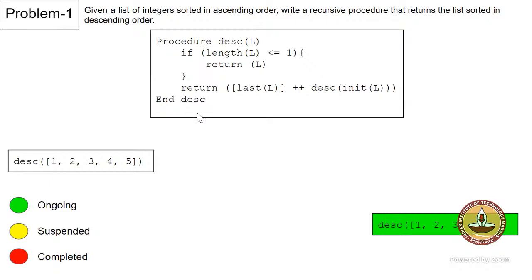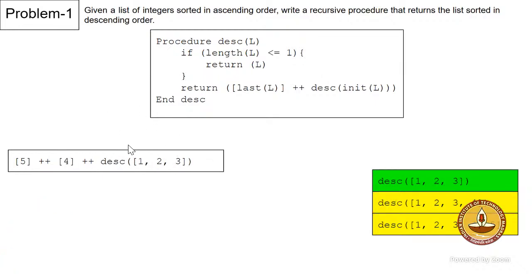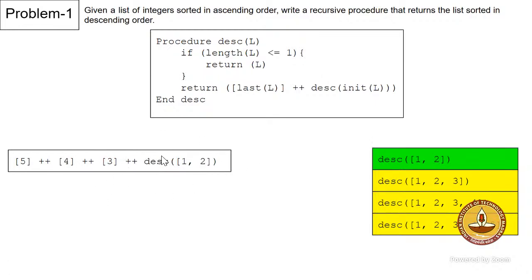Let me tell you how the procedure executes. First we call descending on the list 1, 2, 3, 4, 5. In the first iteration, it will be 5 ++ descending of 1, 2, 3, 4, calling the procedure on the remaining list. In the second iteration, it will be 4 ++ descending of 1, 2, 3. In the third iteration, it will be 3 ++ descending of 1, 2.